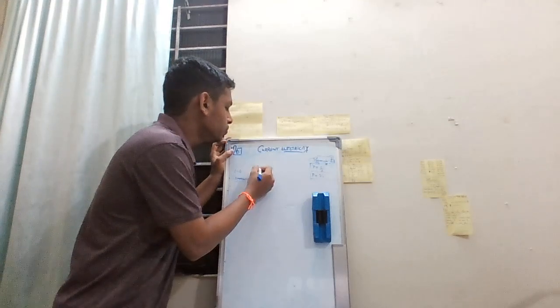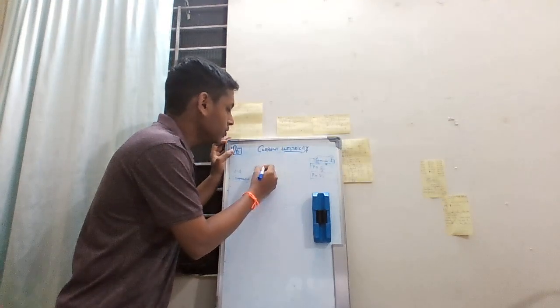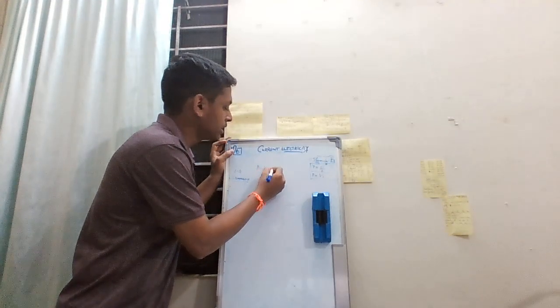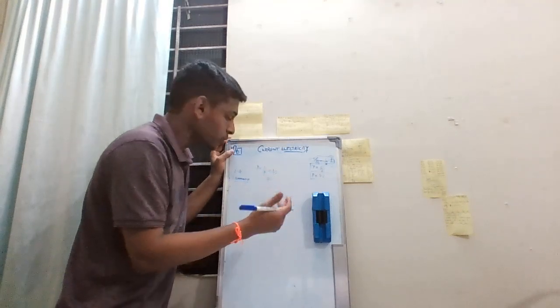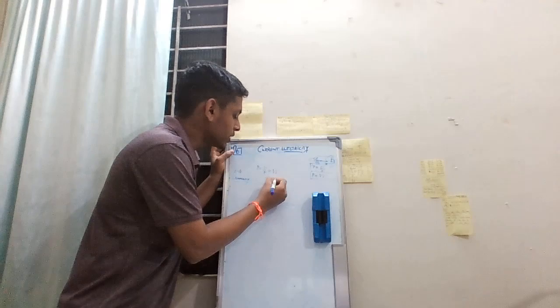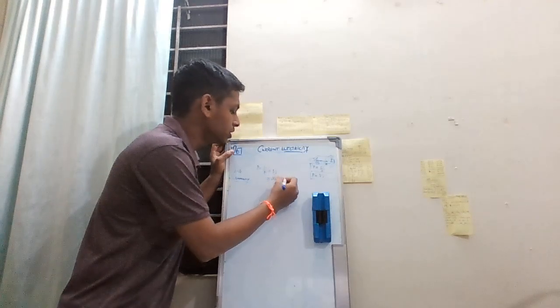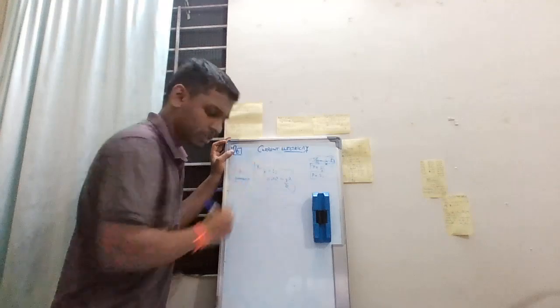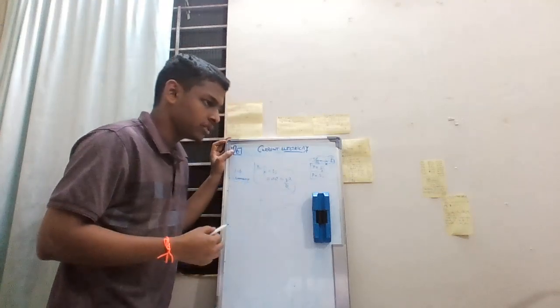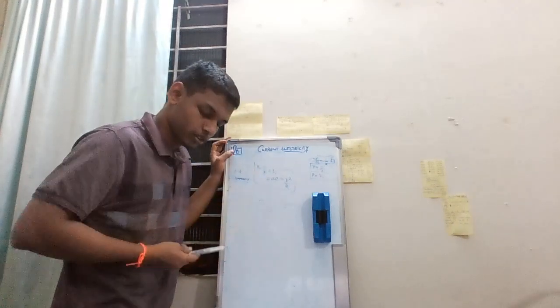P equals U by T is one way, another one is V into I. Another one, using Ohm's law, would be I square R or V square by R. These are methods in which we can express electrical power.